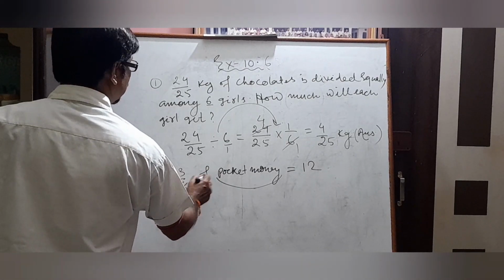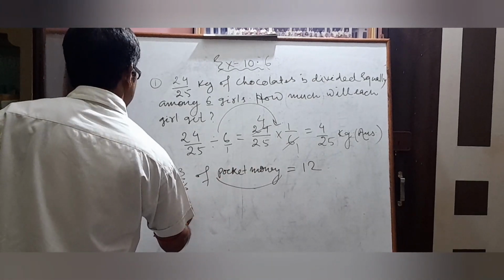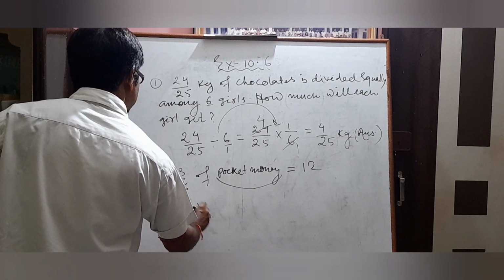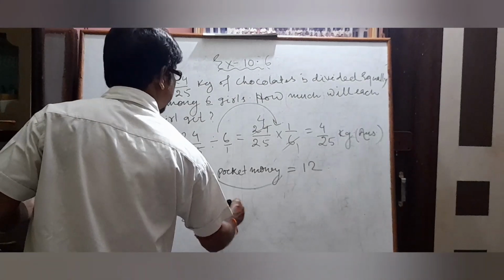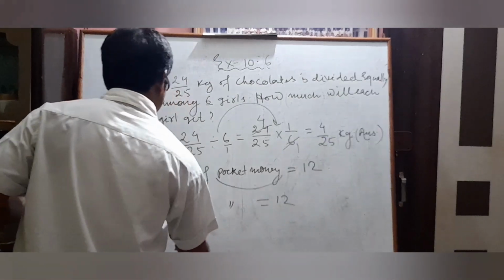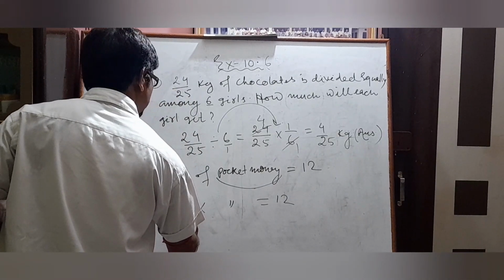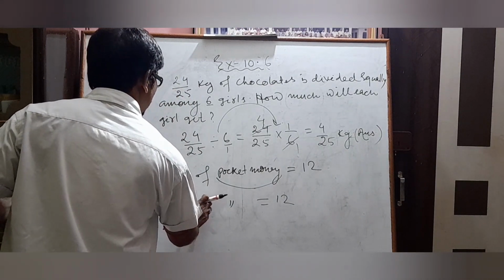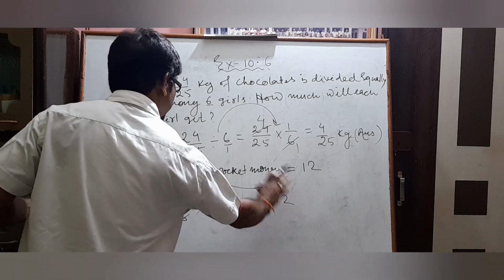So 3 by 8 of pocket money is equal to 12. 3 by 8 of means what? Into pocket money is equal to 12. Here it is multiplied, when it goes to that side, it will be divided.